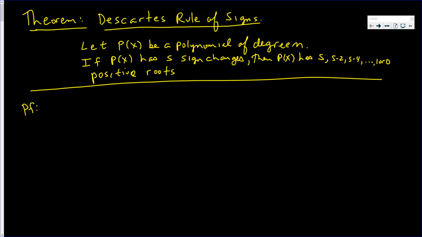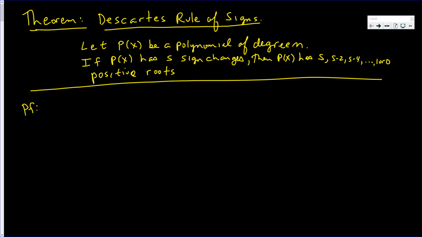If s is even, eventually you'll get down to 0 possible positive roots, and if s is odd, you'll get down to 1 possible positive root. It will have at most s roots, or 2 lower, or 4 lower, or 6 lower.